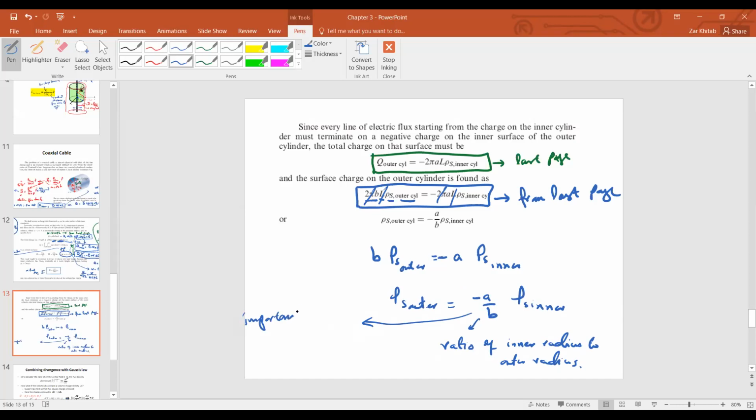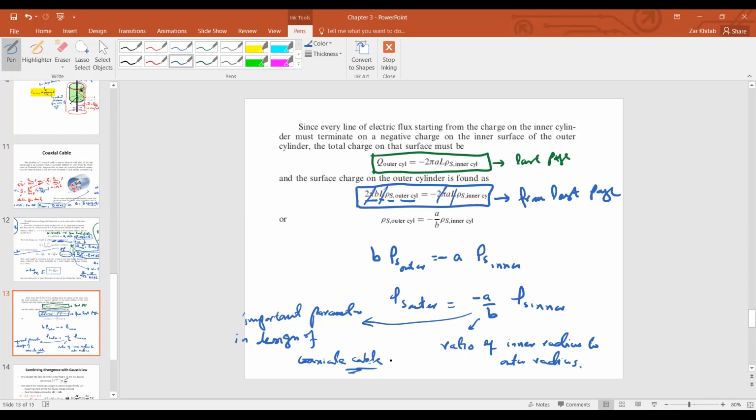So this is one very important parameter in the design of the coaxial cable, that the ratio of the two radii will play this kind of role.